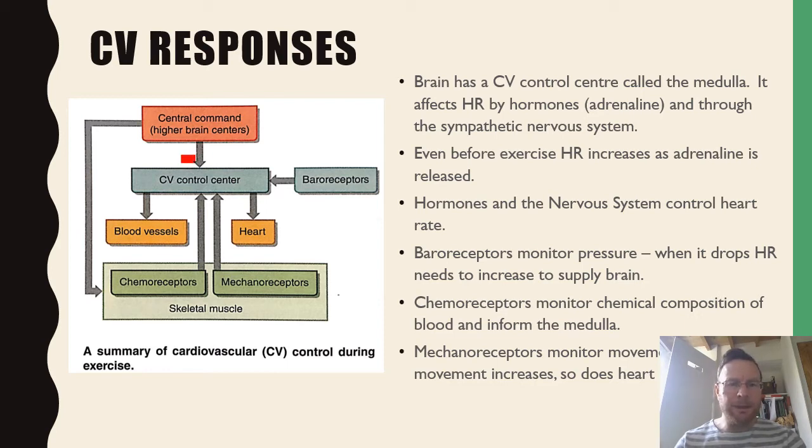In our medulla, a part of our brain, we have a control center. This will process information. The two main things we've got here, I'll cover in green. Number one, our baroreceptors.